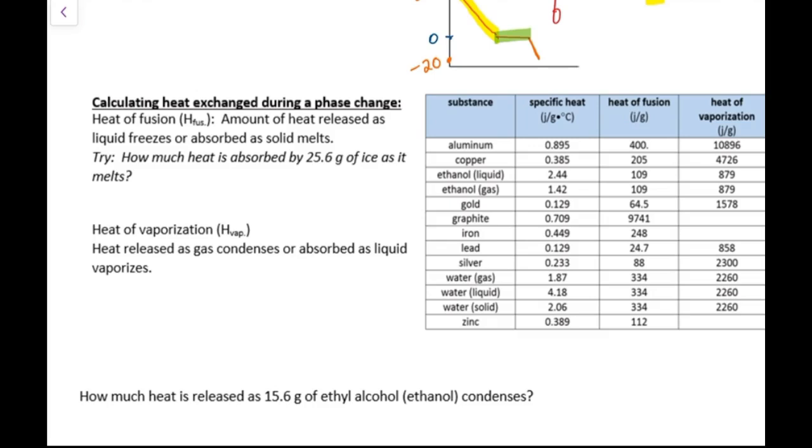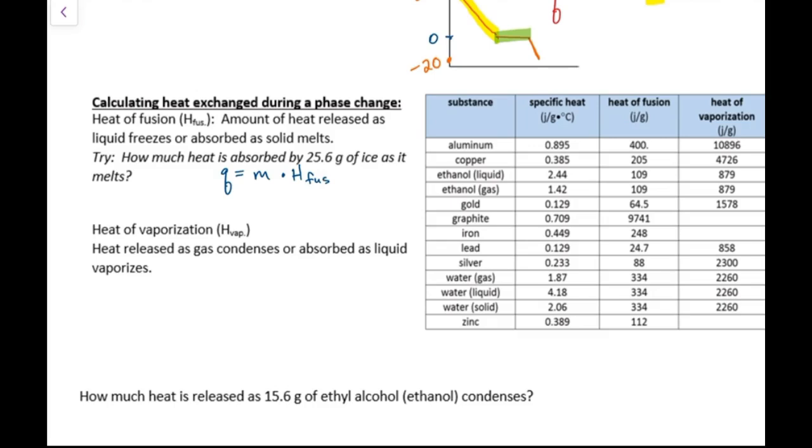We already talked about the fact that freezing is exothermic and melting is endothermic, right? So we are going to be using a little equation here. It's a very simple one to answer a question like this, and it's just going to be Q. So once again, heat gained or lost equals mass times heat of fusion.